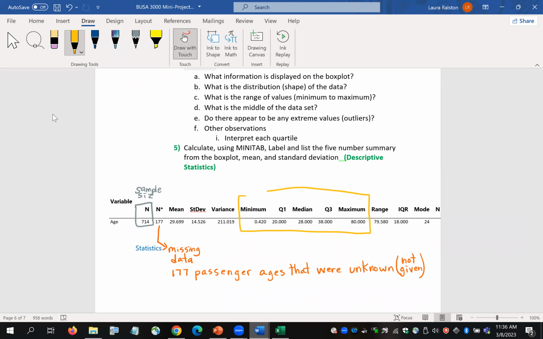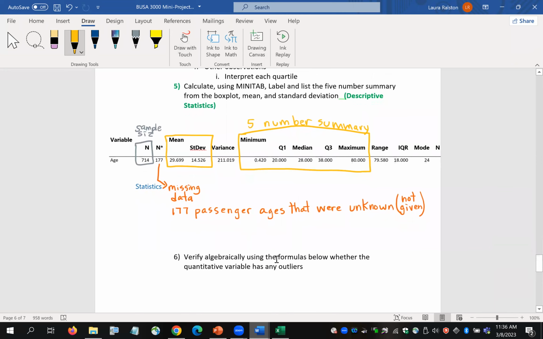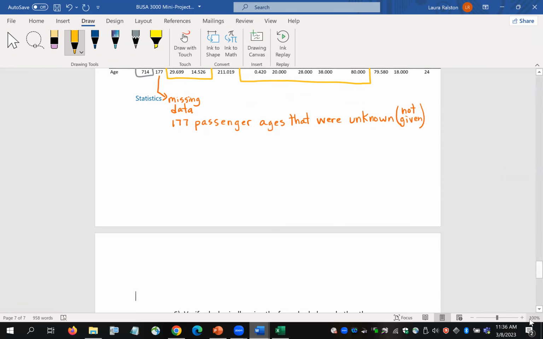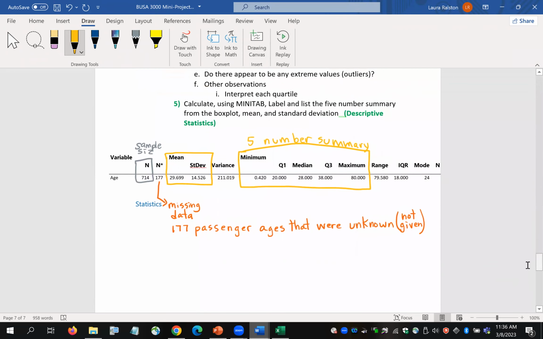It's those 5 numbers. And then you want the mean and the standard deviation. Now, how you choose to display that is up to you. But guys, it is more than just copying it from Minitab.